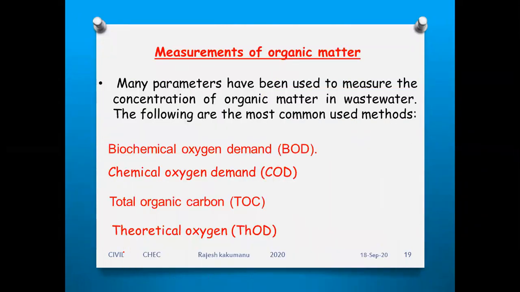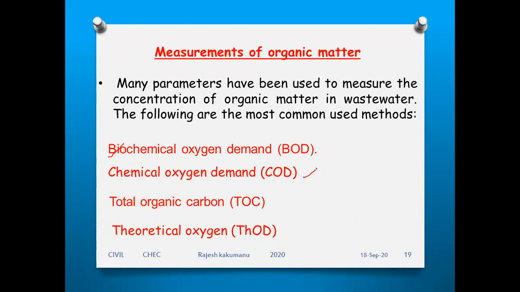Next, how to measure the organic matter? How to measure the organic matter present in the sewage water? So we have many parameters used to measure the concentration of the organic matter present in the wastewater. The first one is biochemical oxygen demand, that is BOD.